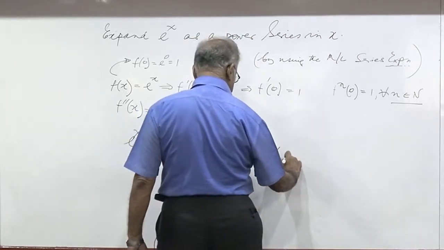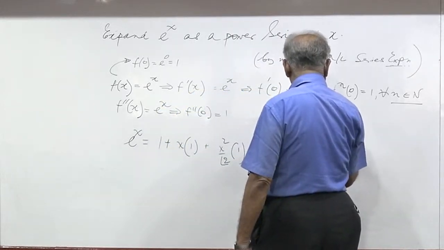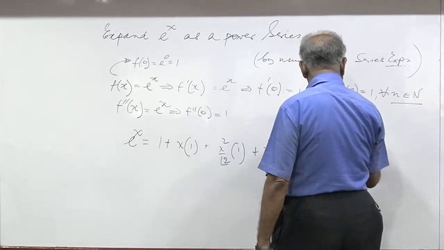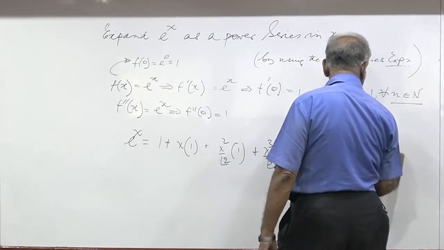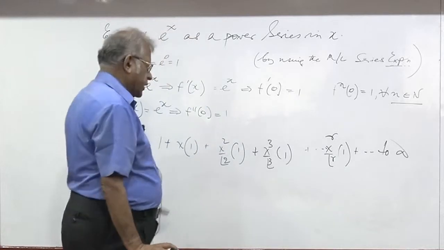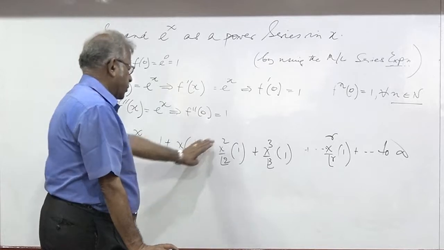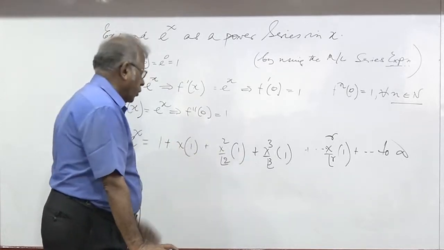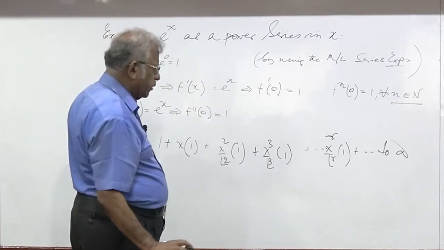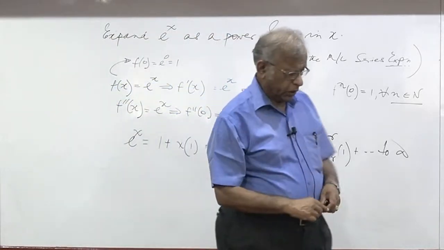Again, the third derivative at 0 is 1, and so on. The general term being x to the power of r by factorial r into 1, and we write to infinity. So, this kind of series for e to the power of x we have learnt earlier, 1 plus x plus x square by factorial 2. In fact, whatever we get by doing the Maclaurin expansion is exactly what we expect. There is no deviation from our earlier knowledge.